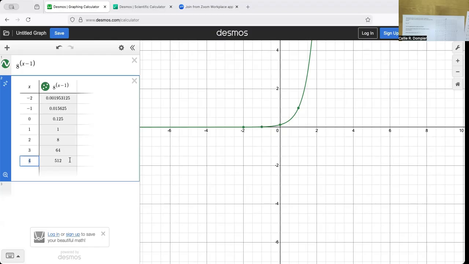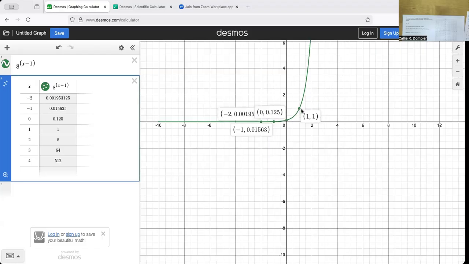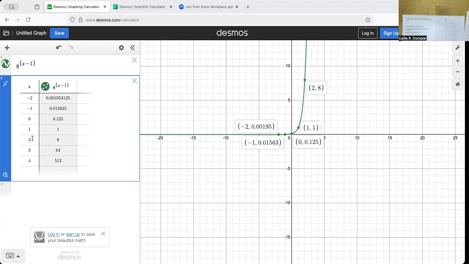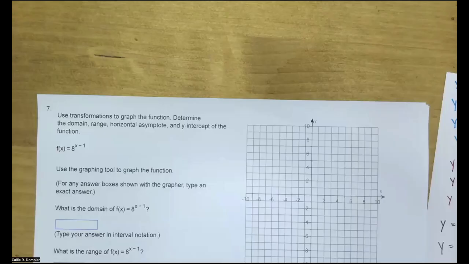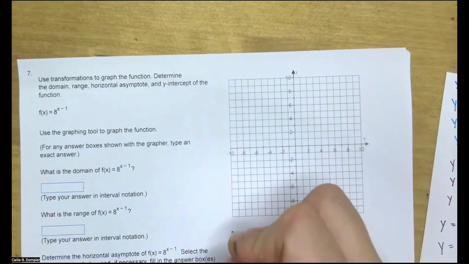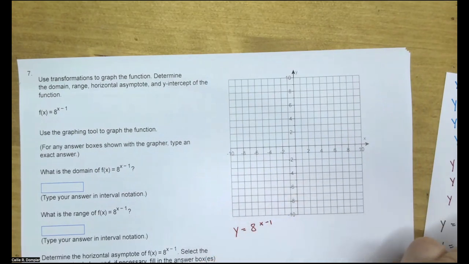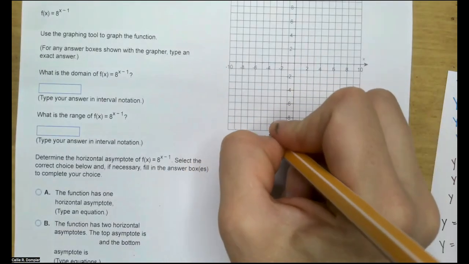Use the graphing tool to graph the function. Again, we just want to find some points that we know are on the graph. We know that the point (1, 1) is on the graph. We know that the point (2, 8) is on the graph. And then (3, 64). So you'll probably have to just stick with (1, 1) and (2, 8) in this case. And we can confirm that because we can say y equals 8 to the power of x minus 1.